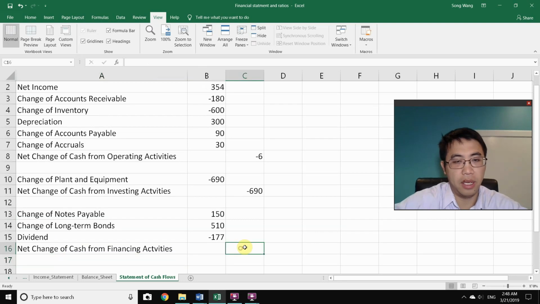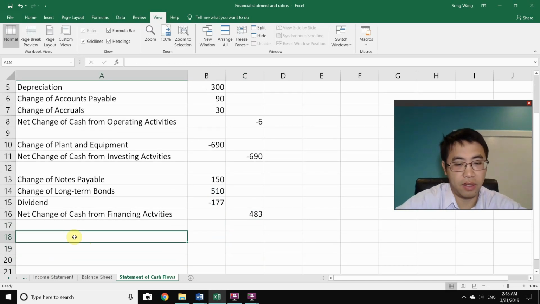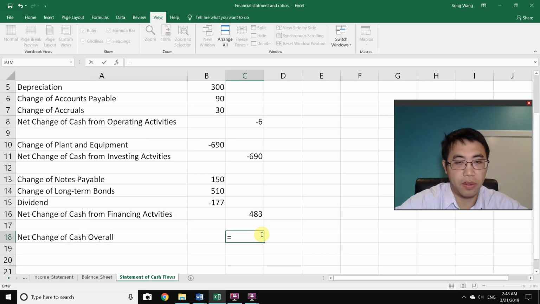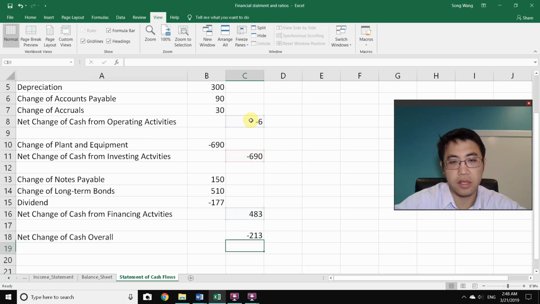This will be the sum of the three activities together. And then I need to have the net change of cash overall. Basically this combines the three subtotals, one plus the second plus the third. So that's negative 213.